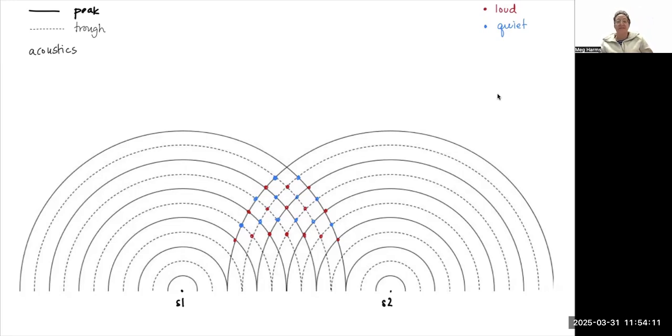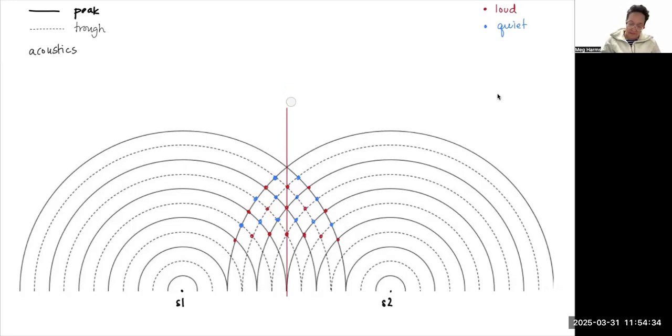So I've gone ahead and drawn in all of the loud and quiet spots that we see here. And what we notice is that there's a pattern. And the pattern is as follows. Here in the middle, we have a line of all loud spots.